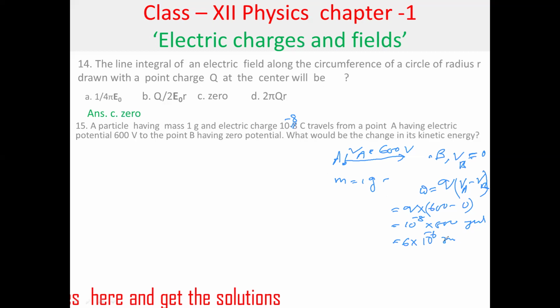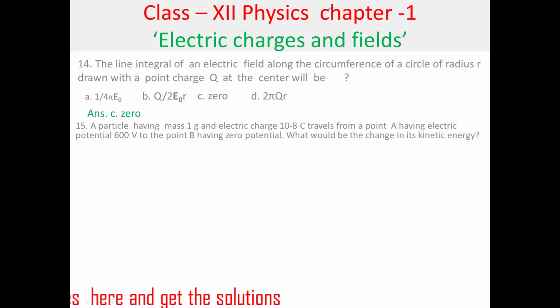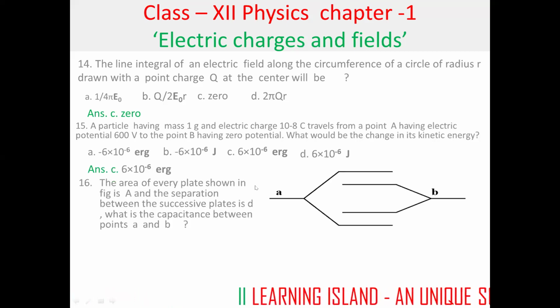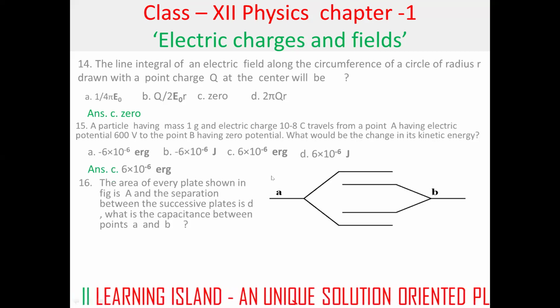Joule will not be joule, it will be erg, because it is kg, right? It is in gram. So let us see the answer. Answer here. These are the question options. This is the answer. Let us go to the next question.